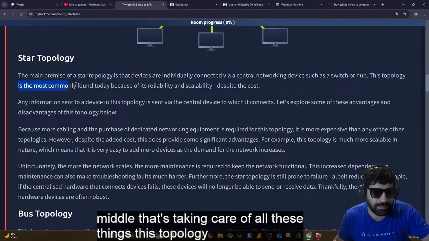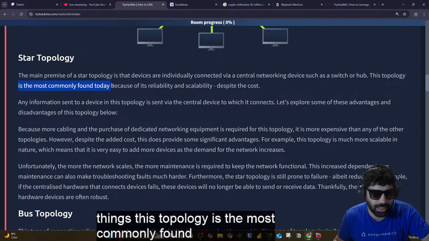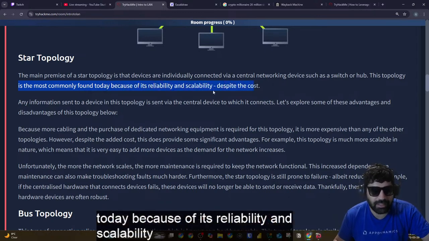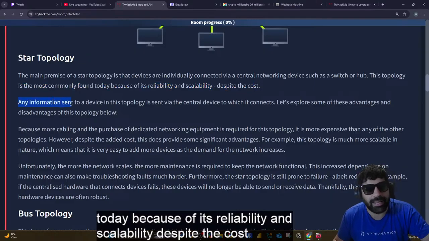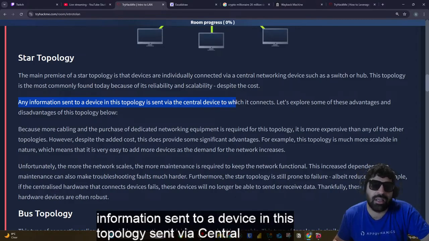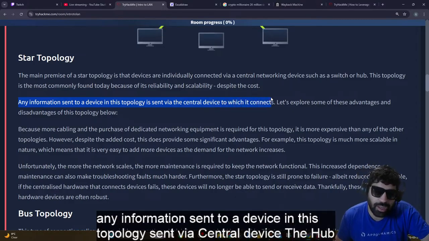This topology is the most commonly found today because of its reliability and scalability despite the cost. Any information sent to a device in this topology is sent via the central device, the hub, to which it connects.